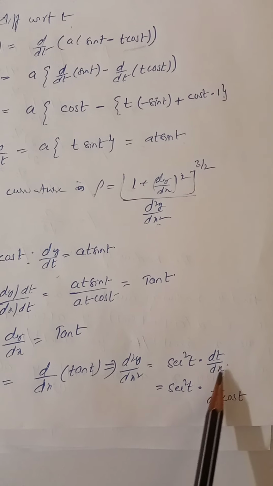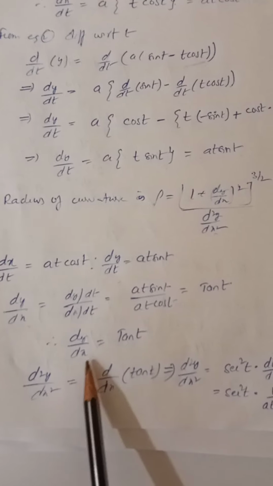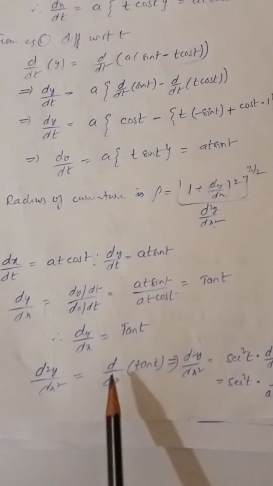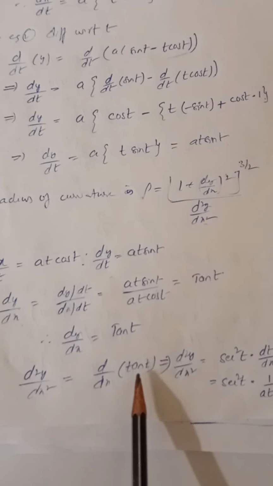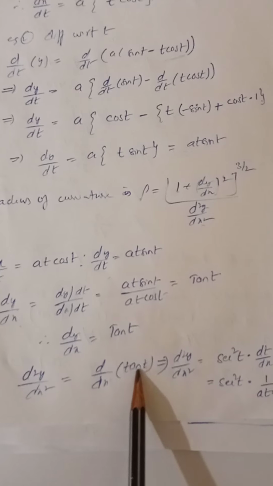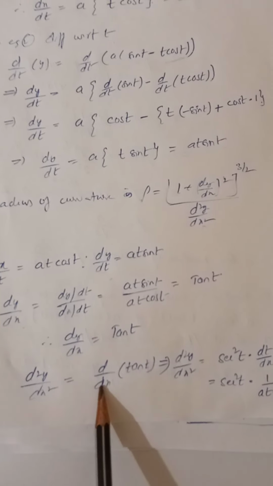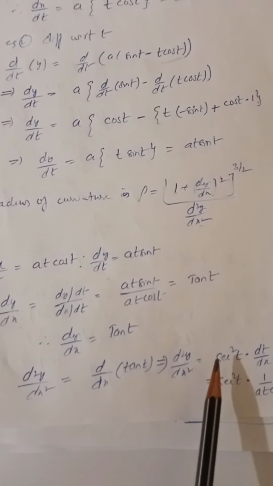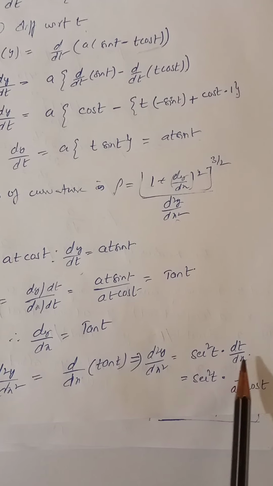Why are you writing dt by dx? Because we are differentiating with respect to x. That's why I wrote d square y by dx square here. See, d by dx of tan t. Here it is a function of t. We are differentiating this one with respect to x, right? First of all, we have to differentiate tan t with respect to t, that is secant square t, and then we have to write dt by dx.